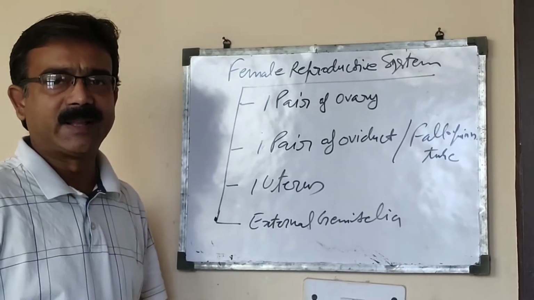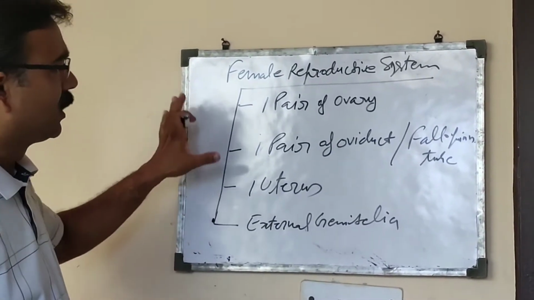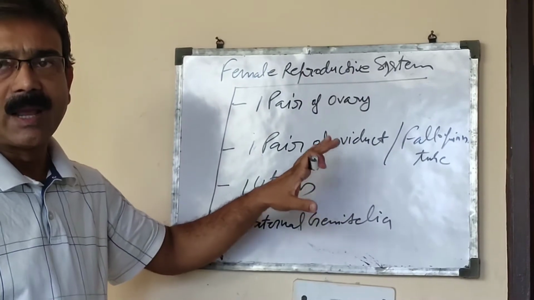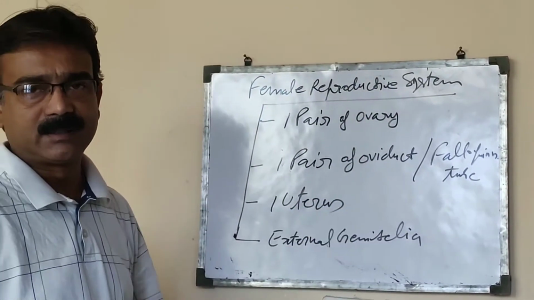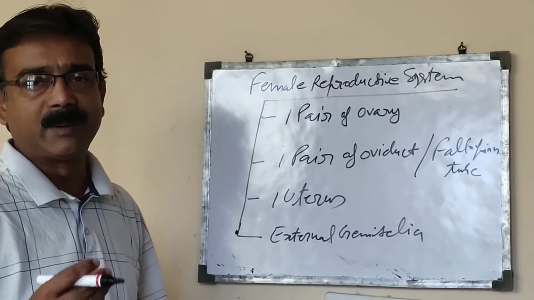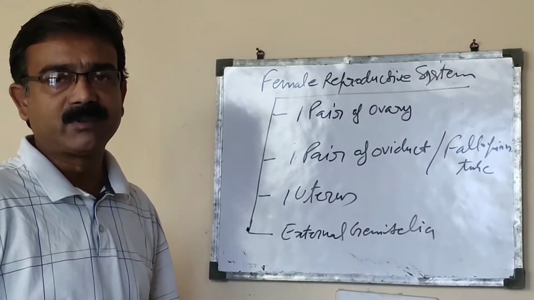Now with the help of a diagram, we will try to find out what these structures are and how they are arranged inside the lower abdomen as female reproductive organs.